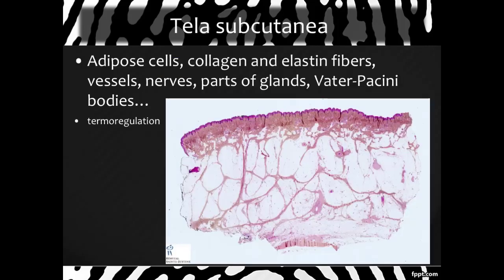Okay, then the hypodermis. As I mentioned, the hypodermis or the tela subcutanea is the layer of adipose tissue. There are smooth muscle bundles, sometimes striated muscle can also be found, and this layer serves as a major energy storage site, and it also provides insulation.